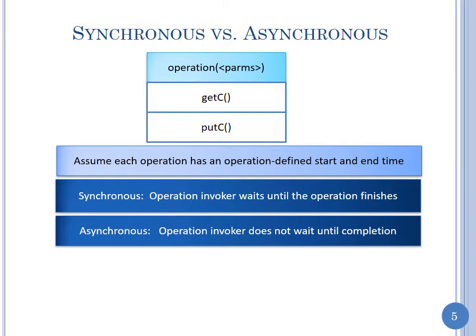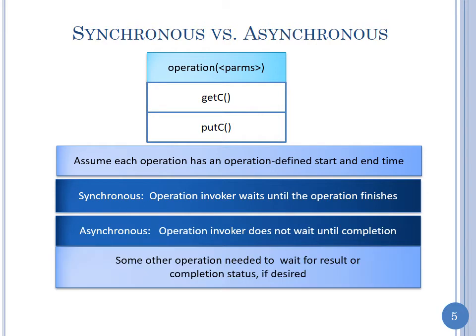You either unblocked immediately, or you unblocked when some other event occurred that is of interest, but that was not the completion. And like John Ray mentioned, if there's a result, then some other operation needed to wait for the result or completion.